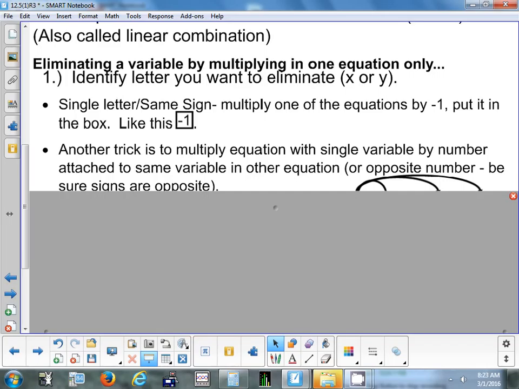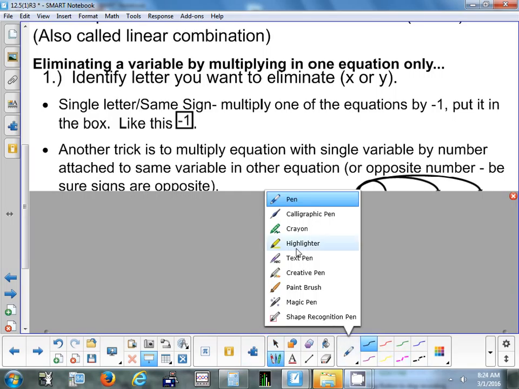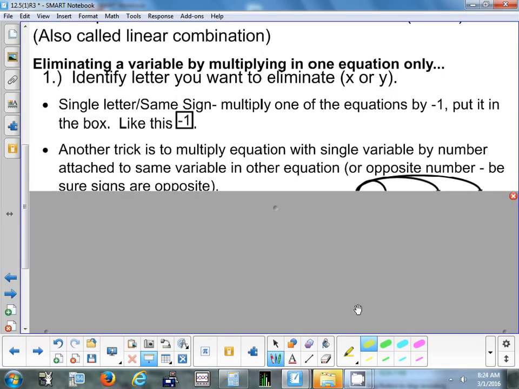You're either going to have the same sign in a single variable, and you multiply by a negative, or you'll have a single variable in one and a number attached to that variable in the other one. When we go through one like this, I'll make sure to explain how that works. Those are the only two situations we're going to get today. That's it. No other types of problem.